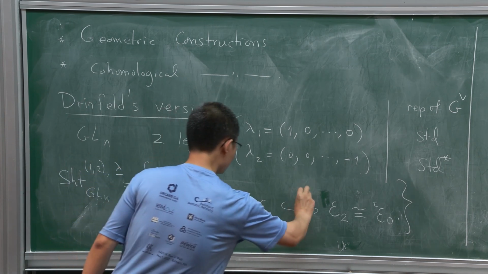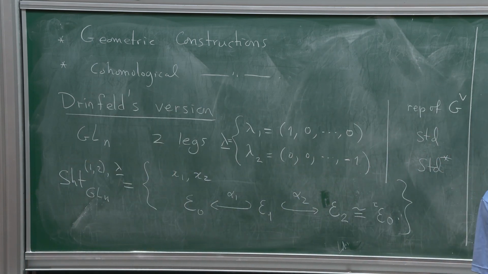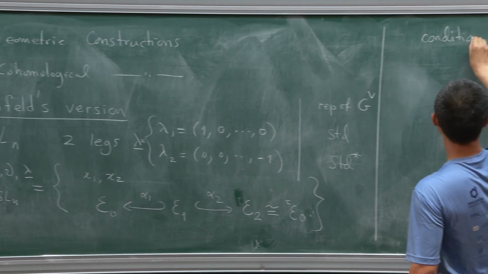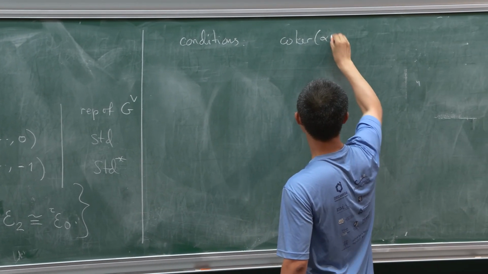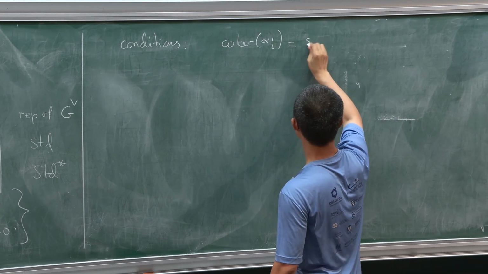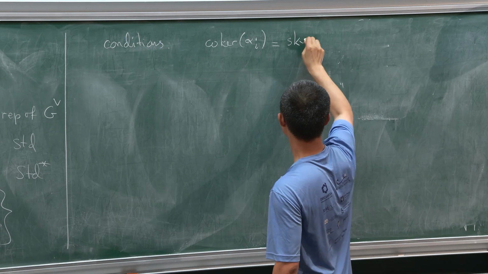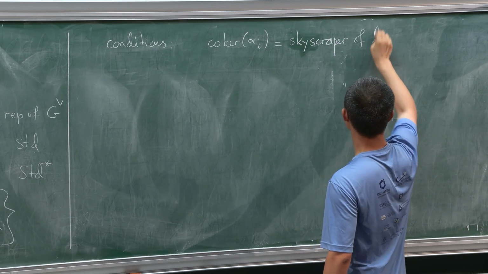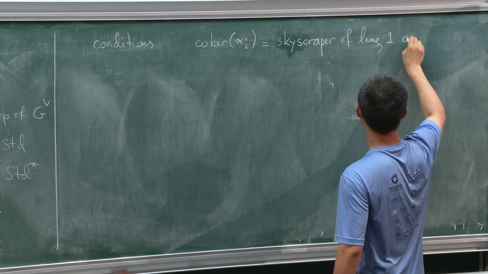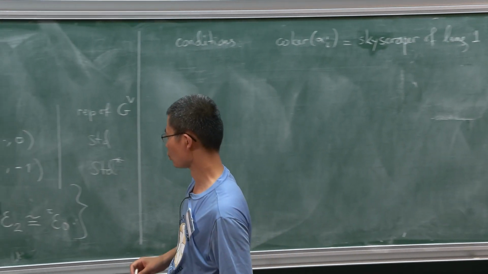Let me call them alpha 1, alpha 2. So the condition is the co-kernel of alpha i is a skyscraper of length 1 supported at xi, for i equals 1 and 2.